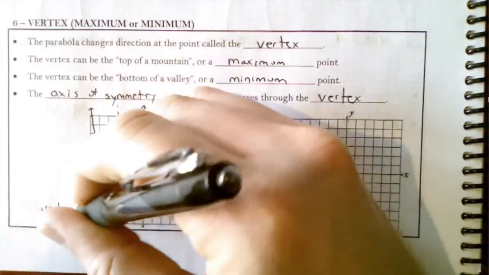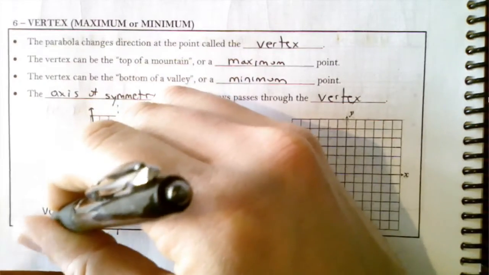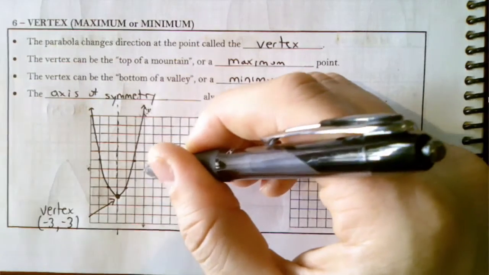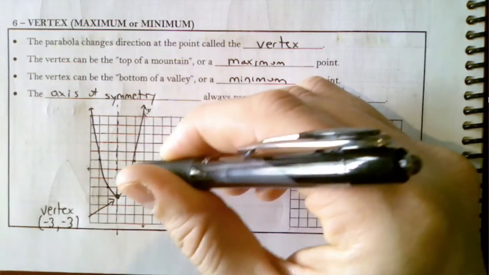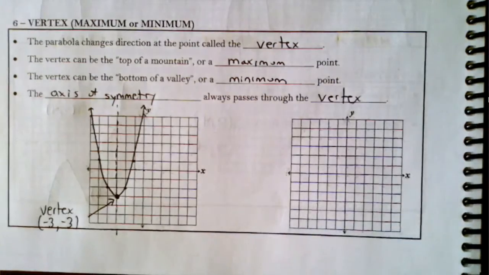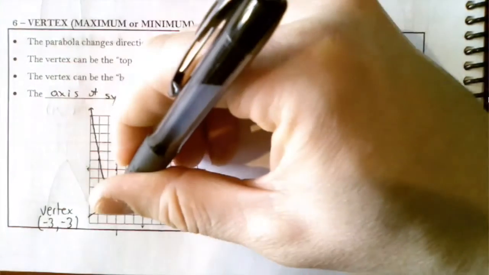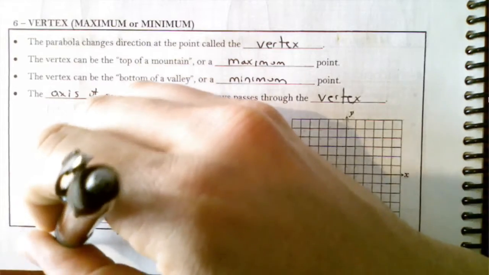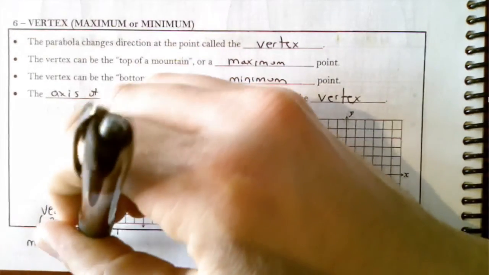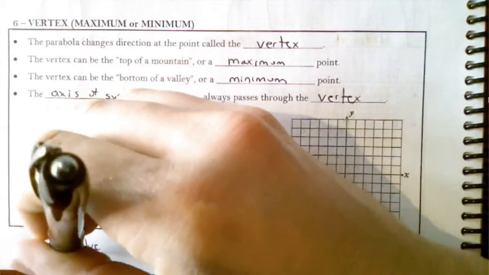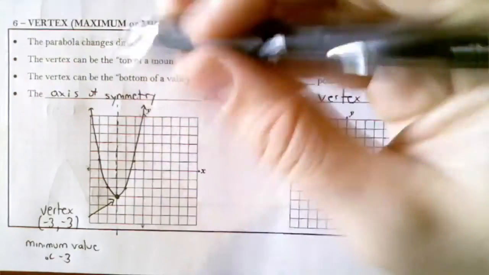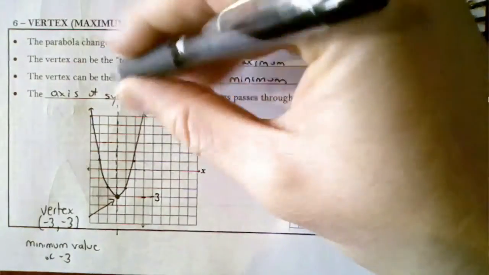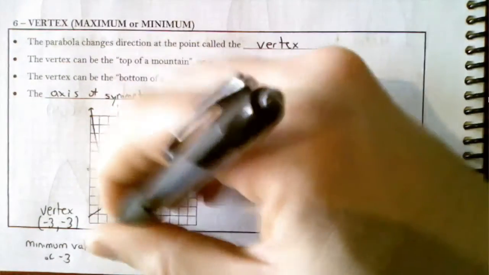And this point would be negative 3, negative 3. If you read the coordinates off, that's 0, so 1, 2, 3, 1, 2, 3. Perfect. And this means we have a minimum value of negative 3 because it's at the bottom. And the axis goes through negative 3 as well.